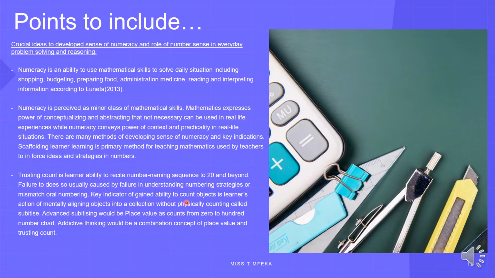A key indicator of gaining the ability to count objects is a learner's action of mentally aligning objects into a collection without physically counting, called subitizing. Advanced would be place value as you count from 0 to 100 charts. Additive thinking would be a combination concept of place value and trusting the count.